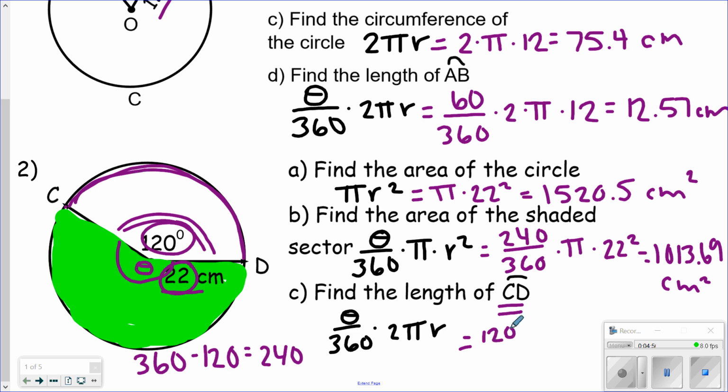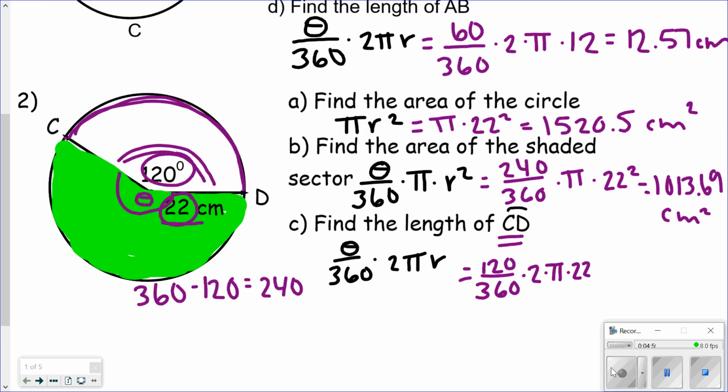Divide that by 360 times 2 times pi times 22. And when we plug this into our calculator, we get 46.08 centimeters. I know for all these answers, I kind of went between 1 decimal place and 2 decimal places. On the quiz, I'll tell you exactly how many decimal places to round to.